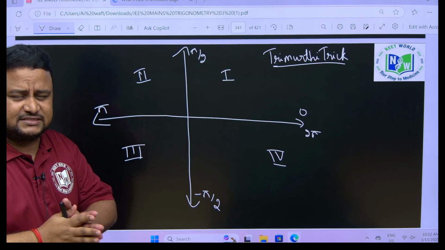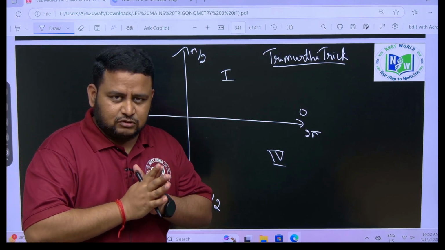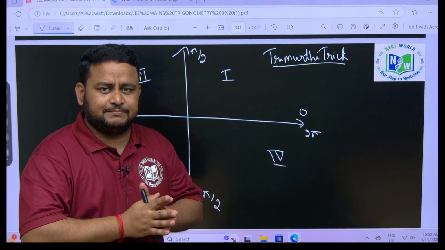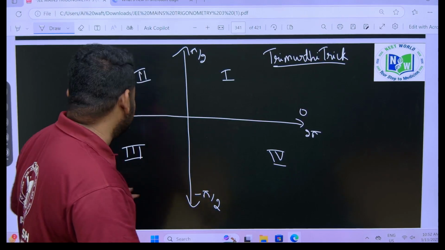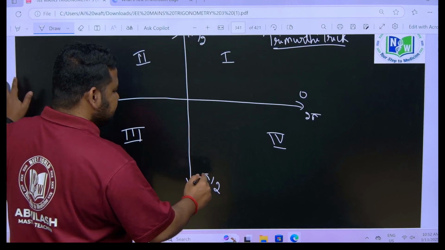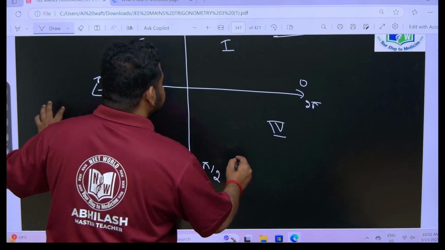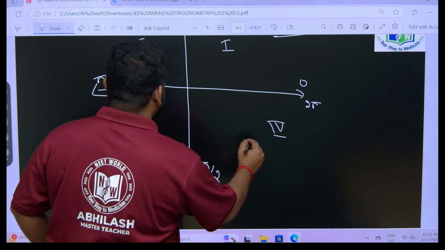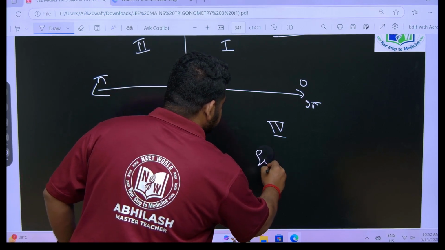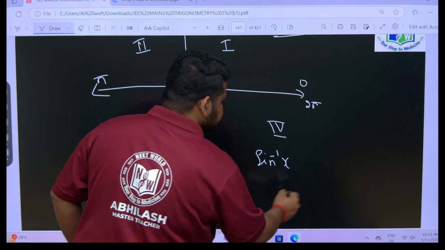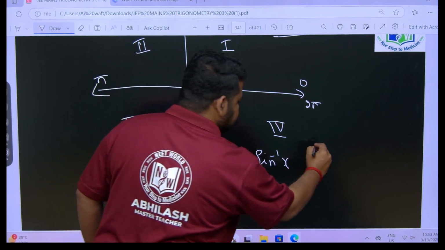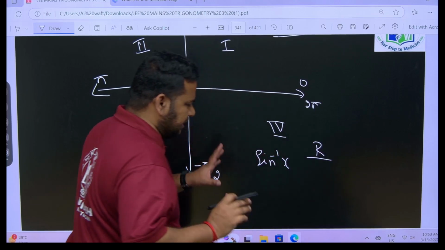I told you that sine inverse of x, cosec inverse of x, and tan inverse of x behave similarly. Why? I will show you now. If I write sine inverse of x here, let us consider its range.